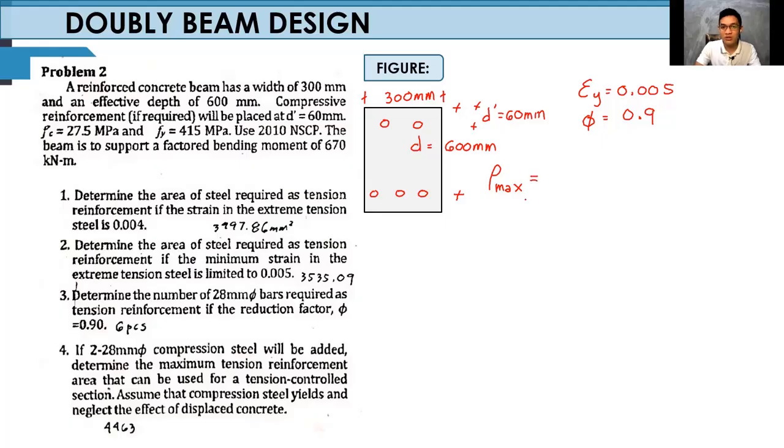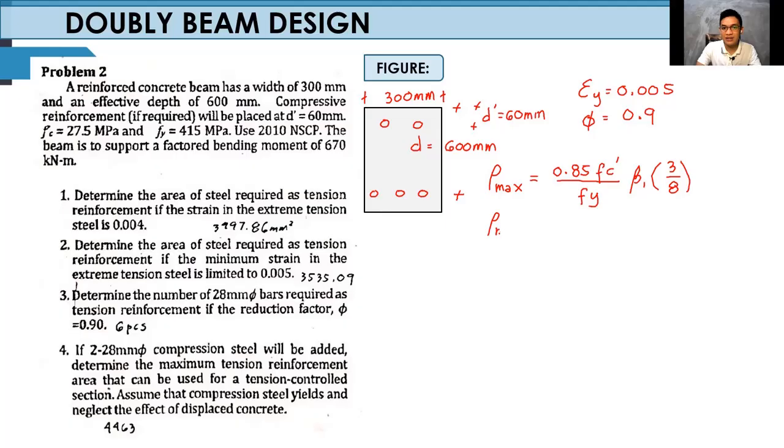So therefore, we will be using our rho max. So proceed tayo. Rho maximum natin for tension is 0.85 fc prime divided by Fy. Ayan. Beta 1 multiplied by 3 over 8. Ayan po yung formula if maximum yung ating epsilon, which is 0.005.